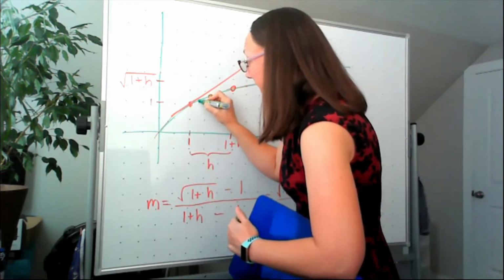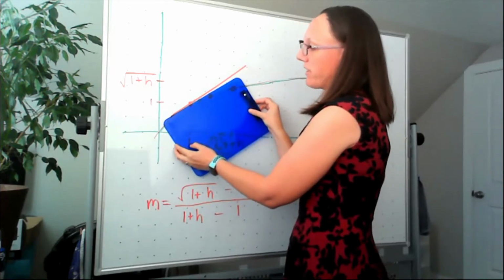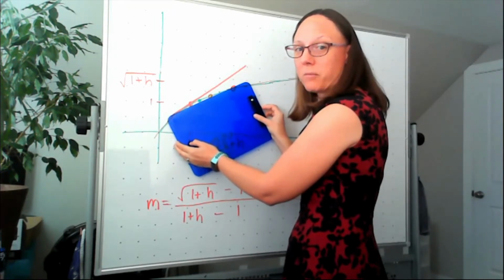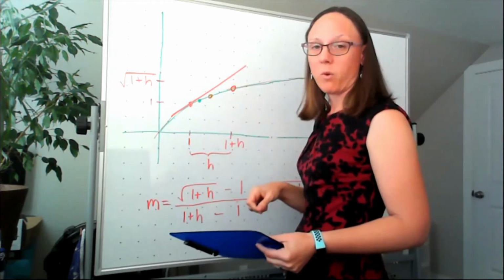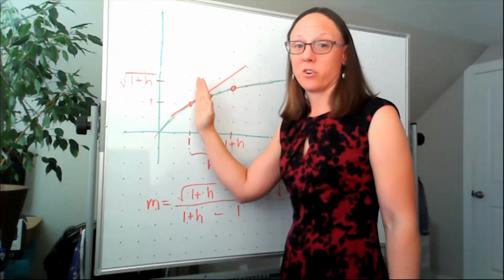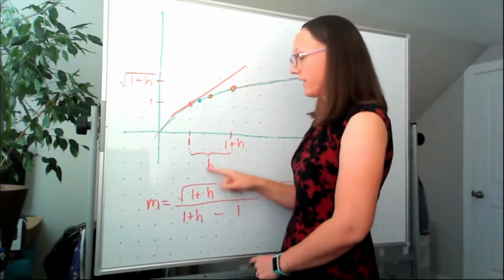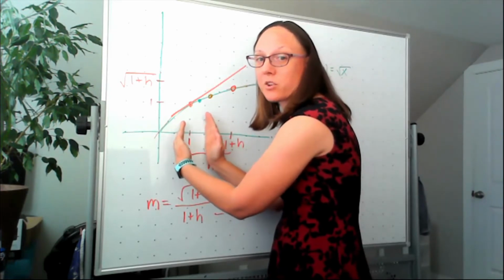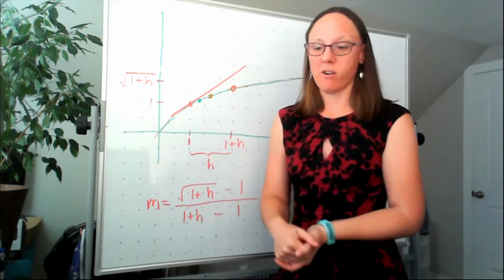But if I move my point even closer to the place where I care about the tangent line, now if I draw the secant line slope between those 2 points, you can see that as I move along, those slopes are getting closer and closer to the slope of the tangent line we want. And our math tool for sliding this along and getting closer and closer is a limit. In particular, what we're doing is taking that distance h between these two and squeezing it closer and closer together, meaning we're looking for that limit as h approaches 0.